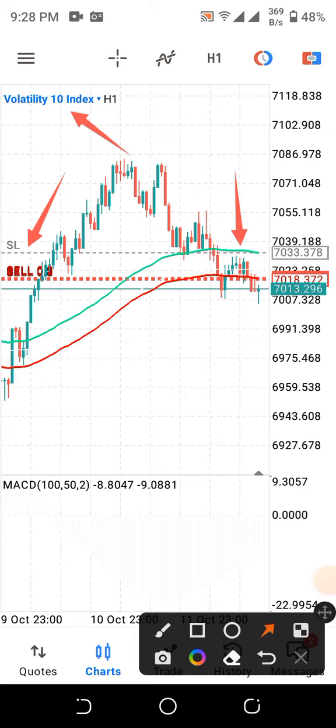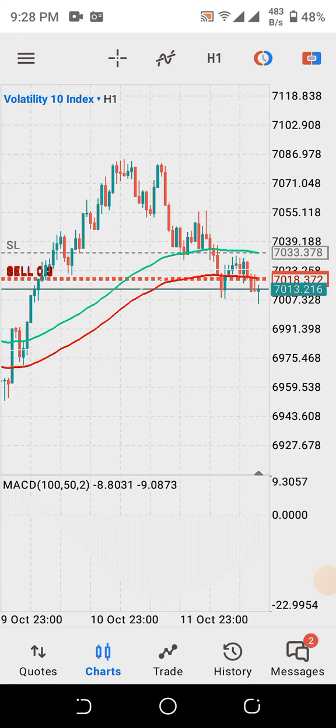All right, now this is today, 11th October. As you can see on my screen, this is a live trade going on right now with this same strategy.